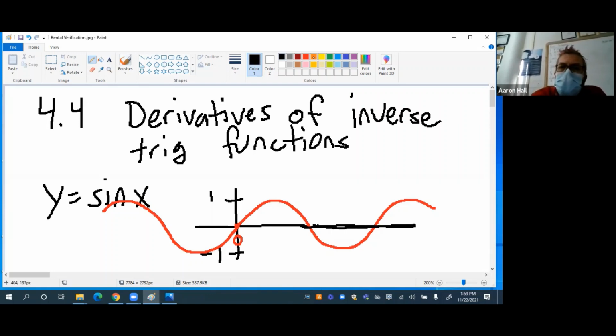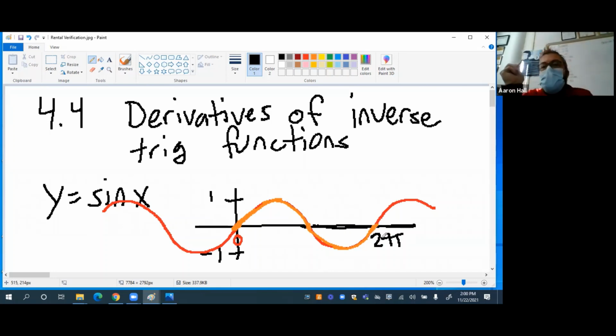So if you start at, I don't know, springtime, and then you advance into summertime, and then fall, and then winter, and then springtime again, we are looking at 2 pi. Now let's look at the inverse of this.